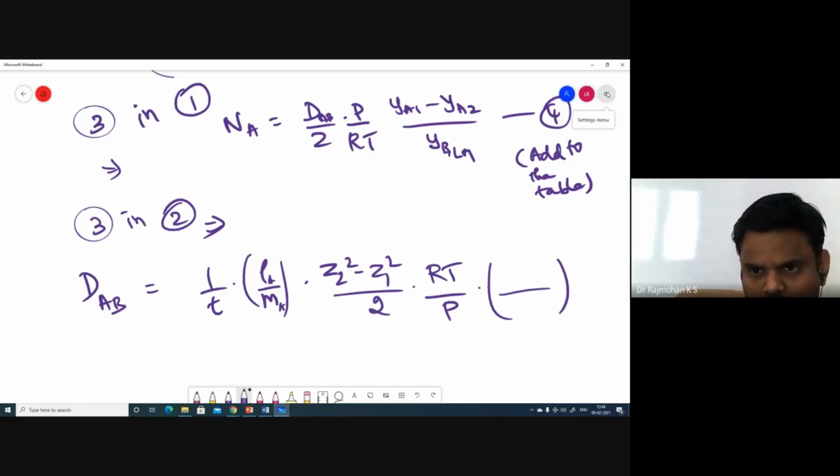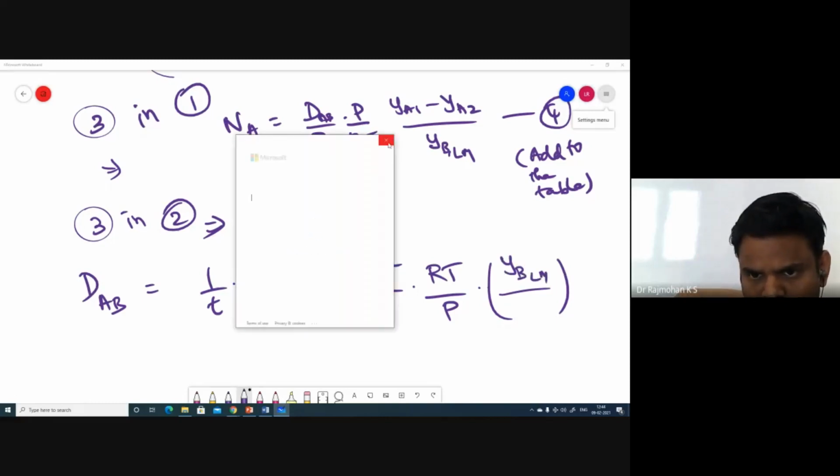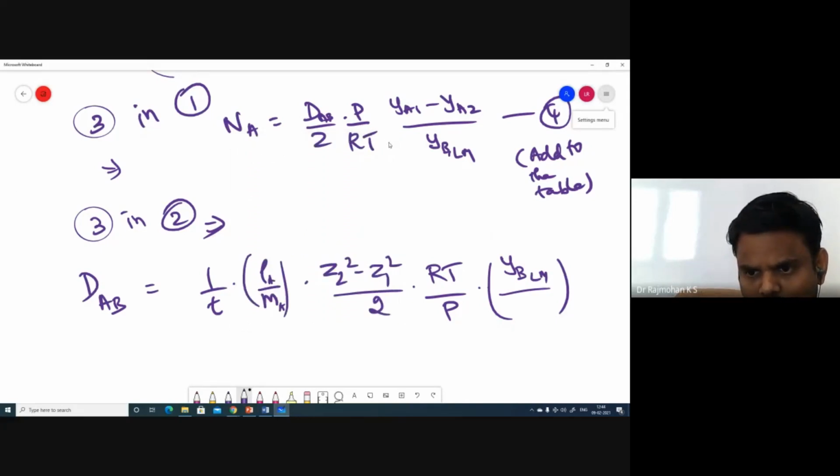Because we have the PB mean in the numerator, so it will be in reverse form. So what we can write is YB logarithmic mean by YA1 minus YA2.